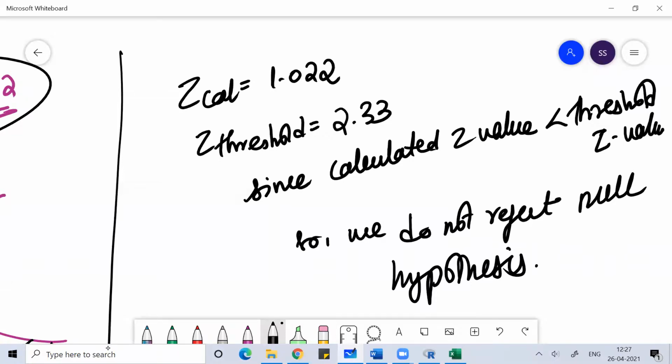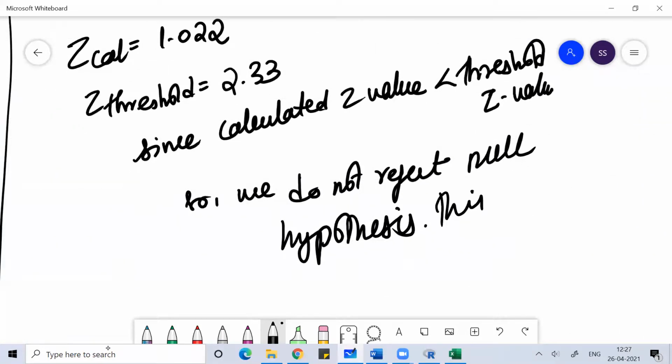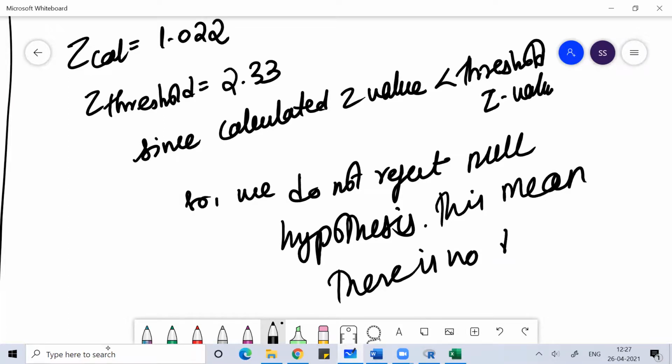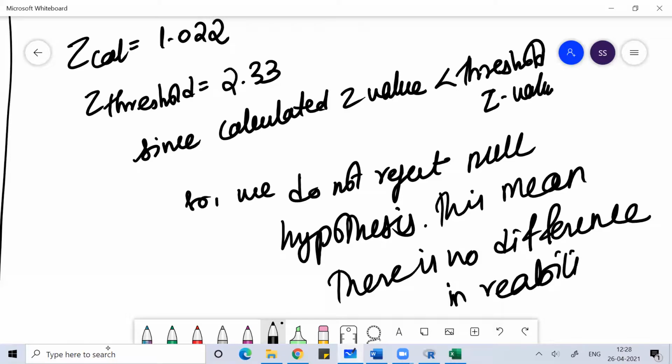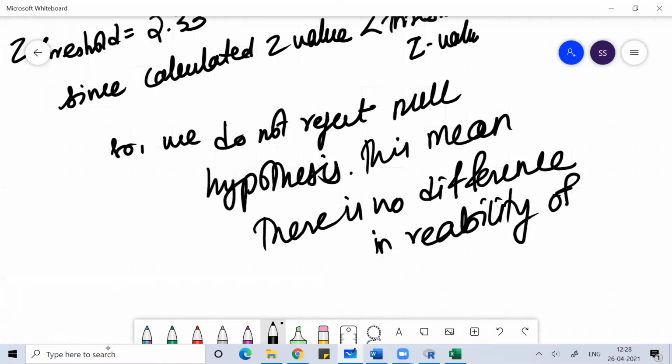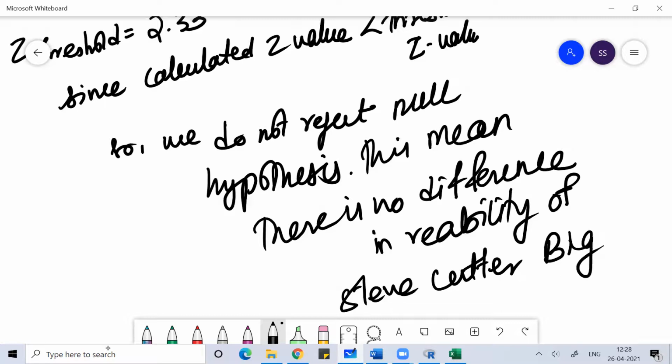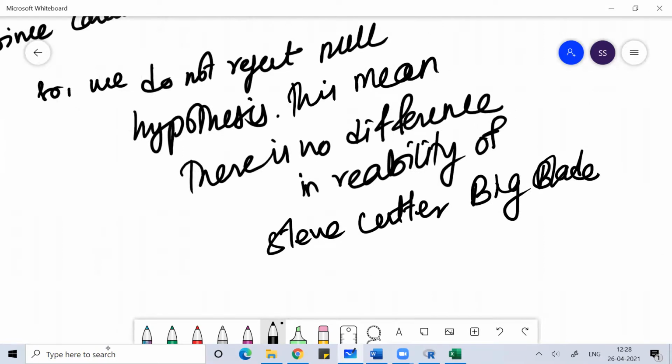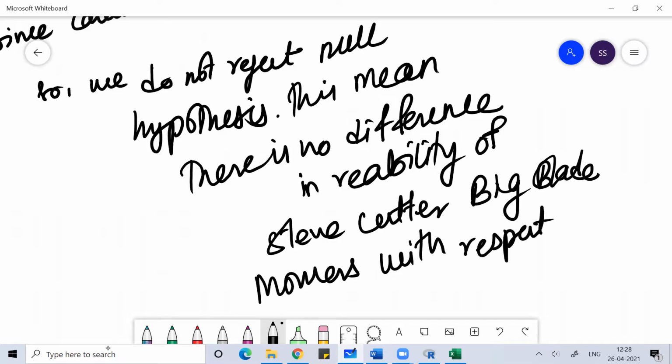It means there is no difference in the reliability of Steve Cutter's big blade mower with respect to the mowers sold nationwide.